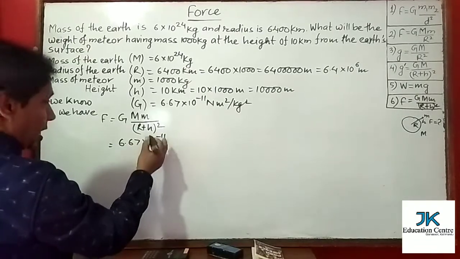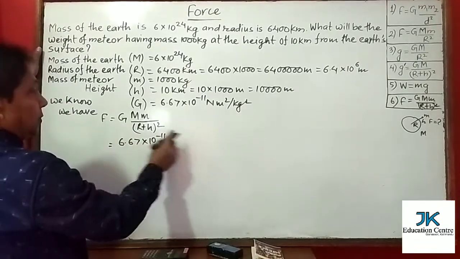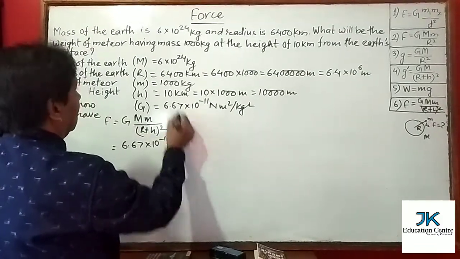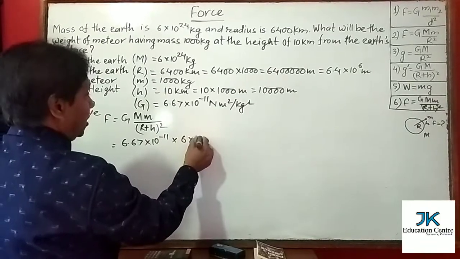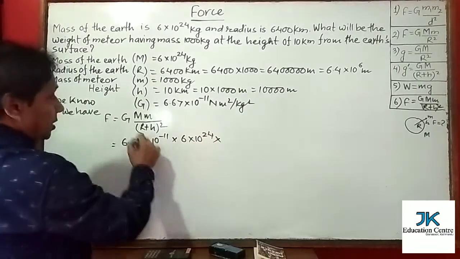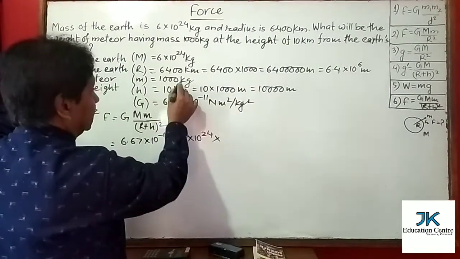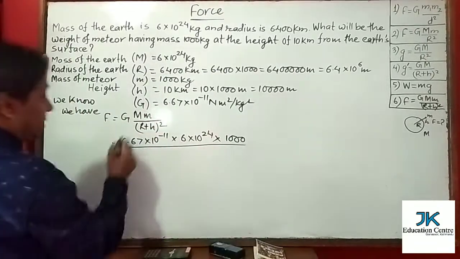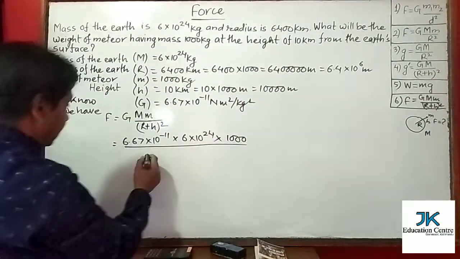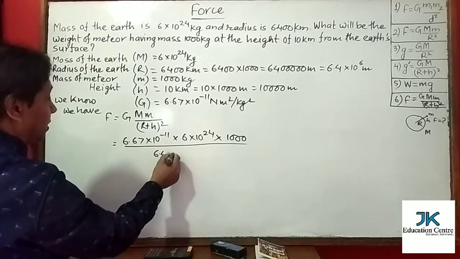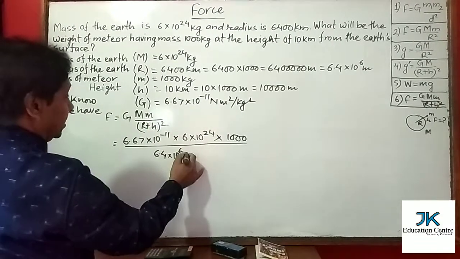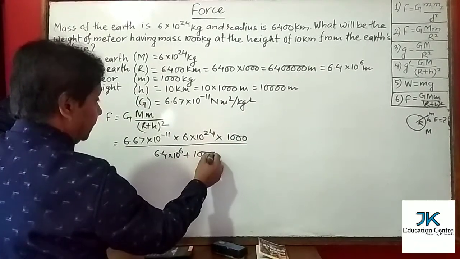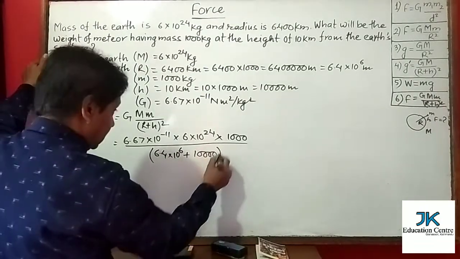I am not writing units; I will write the unit in the answer only. In the process it is not necessary to write units. Into M, how much? 6 into 10 to the power 24 kg, into small m, which is here, into 1000, and divided by capital R, which is here, 6.4 into 10 to the power 6 plus small h, which is this much, and this is squared.